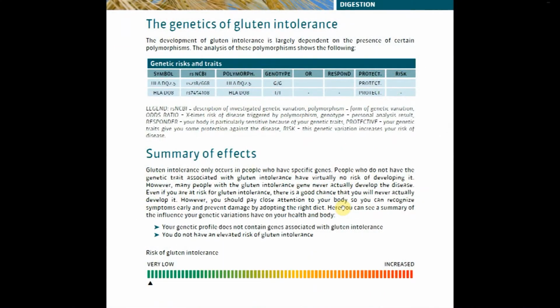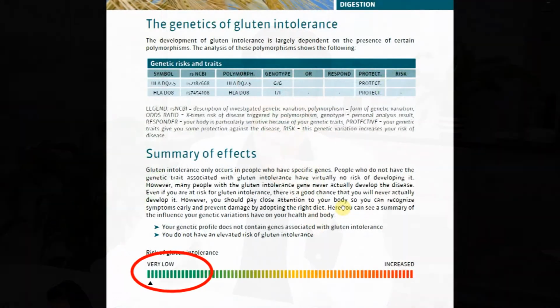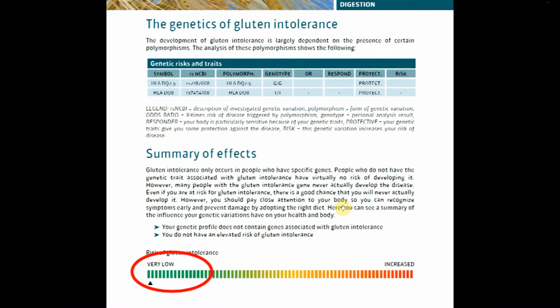So what you need to consider here, if you have an increased risk and you're down here somewhere, that means you have the genetic requirement to become gluten intolerant, but it's up to chance, as far as we know, if you're going to develop the disease or not. If you're down here, the chances are very, very low that you are going to develop this disease, almost zero.